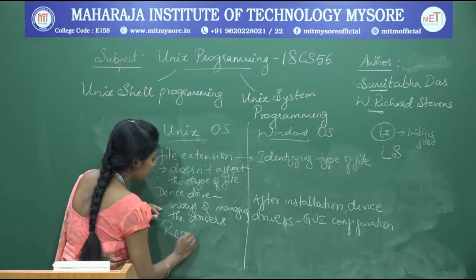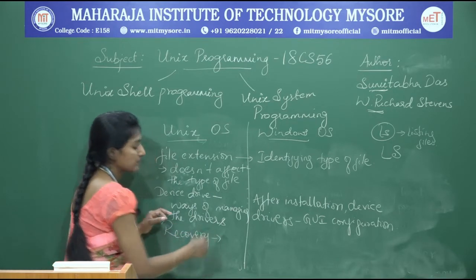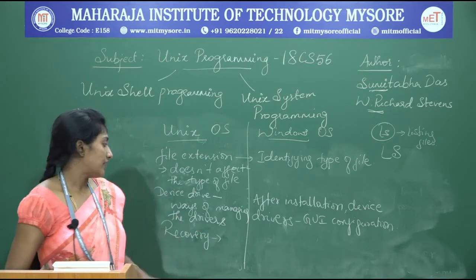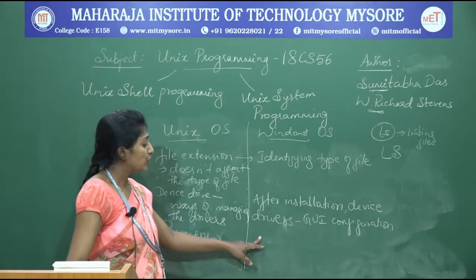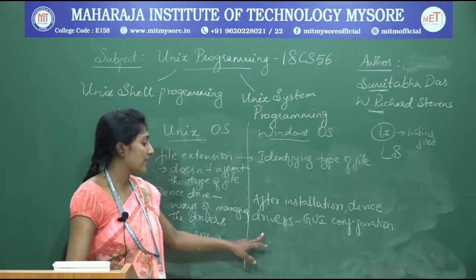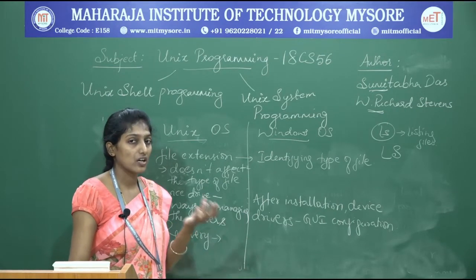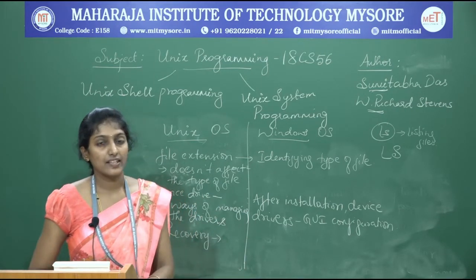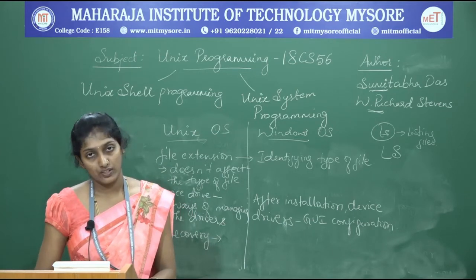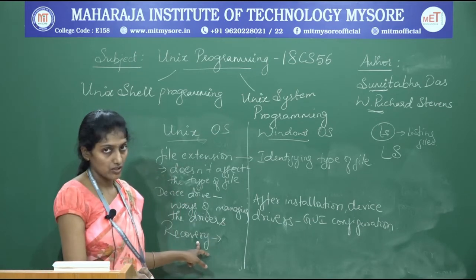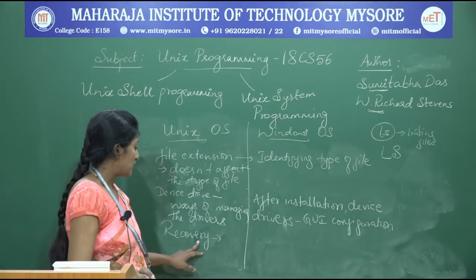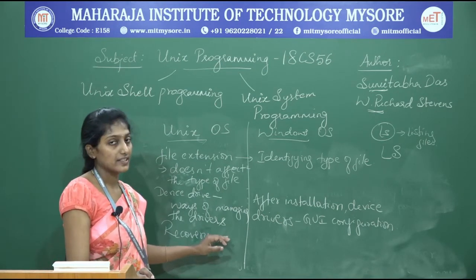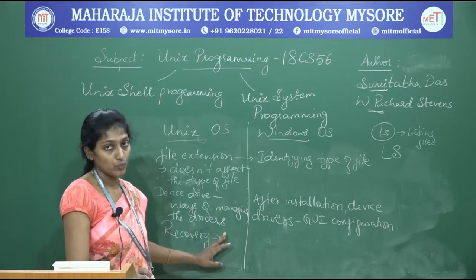Then recovery. In the Unix operating system you can't recover the file, whereas in Windows you can recover the file, since whenever you delete or remove a file, it goes into the recycle bin folder, whereas here we do not have that option for recovering the data you have removed.